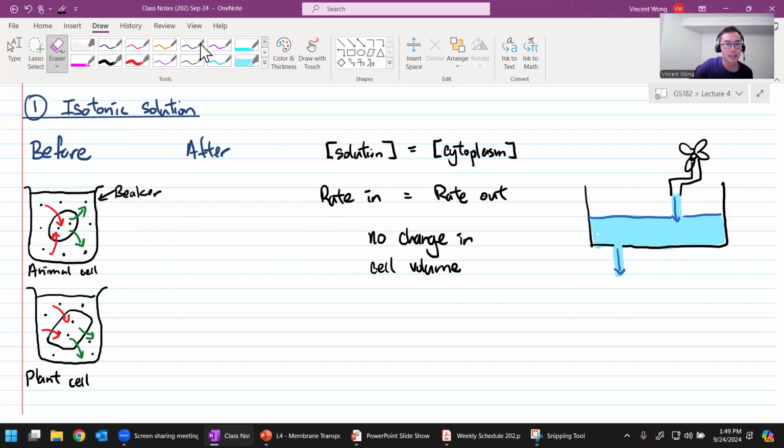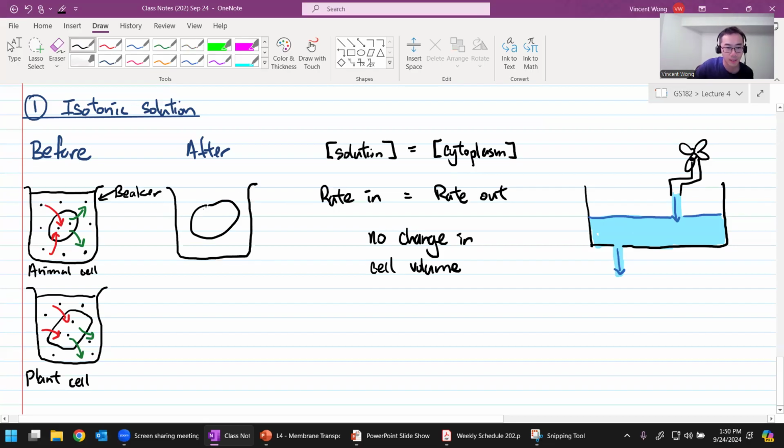So what happens to the cell afterwards? Nothing's gonna happen to the cell. Okay, so I'm just gonna draw the cell like this. I'm not gonna draw the dots anymore. It's just the same as before. And if it's an animal cell, it will be happy.